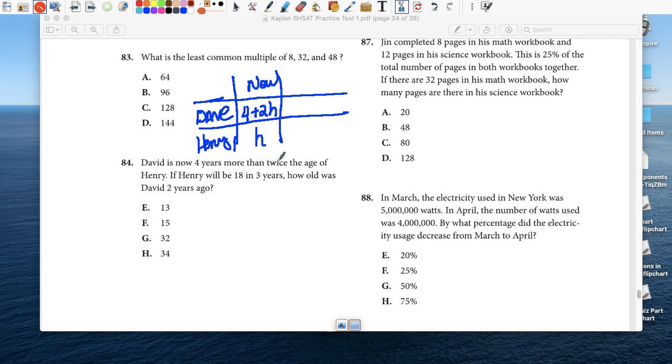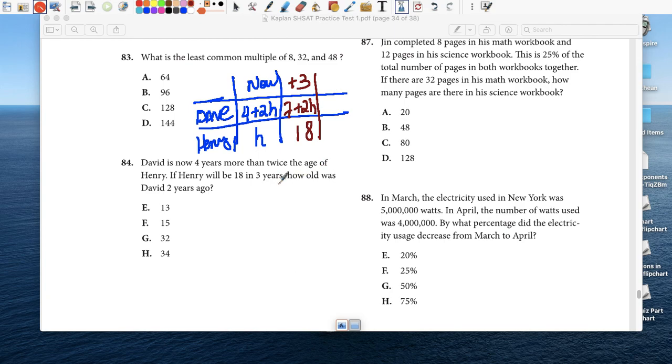And Henry will be, if Henry will be 18 in 3 years, so 3 plus years, right? Henry's going to be 18. And in 3 plus years, if we add, Dave will be, well, 4 plus 3 is going to be 7 plus 2h. Right?